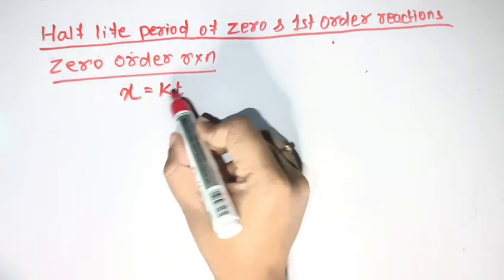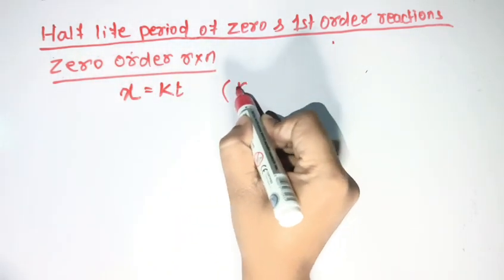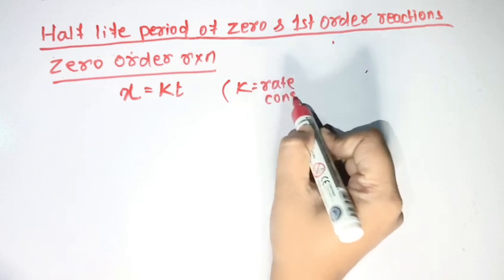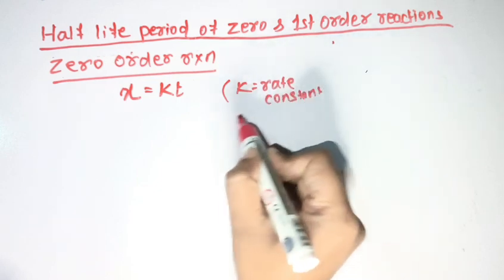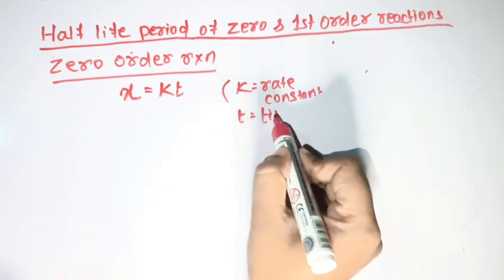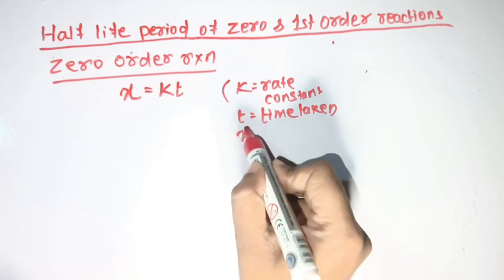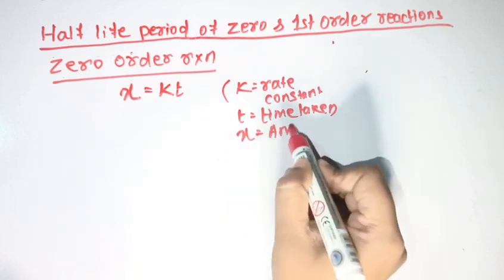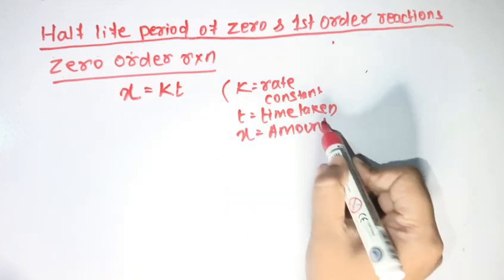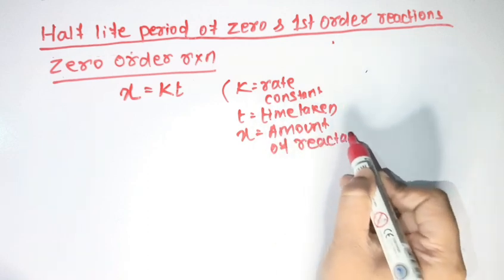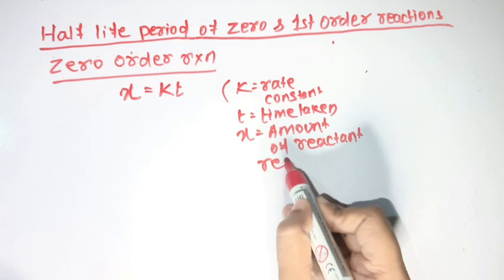K is the rate constant, t is the time taken, and x is the amount of reactant reacted.